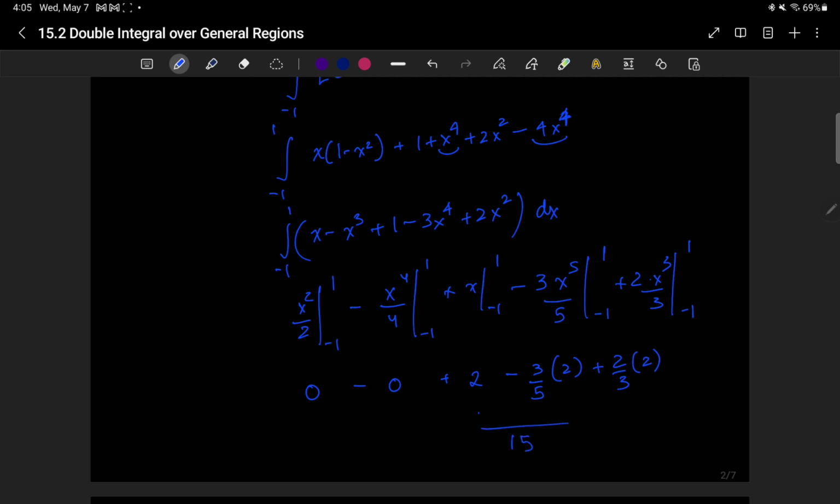Taking the LCM, you get 15, so you have 30 minus 5 times 3, 15, and 5 times 4, 20. 50 minus 45, 50 minus 15 is 35 over 15, which is 7 over 3. 6 times 3 is 18, sorry. So this would be 32. This will be 32 over 50.